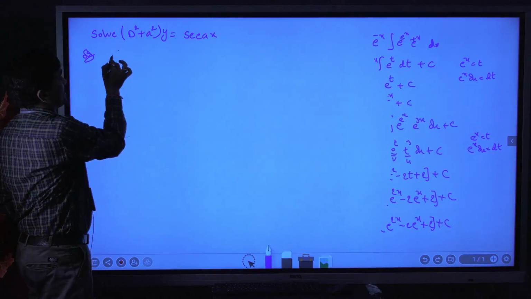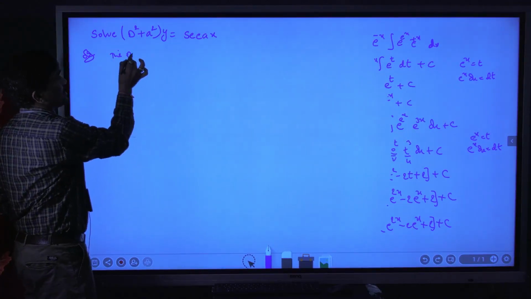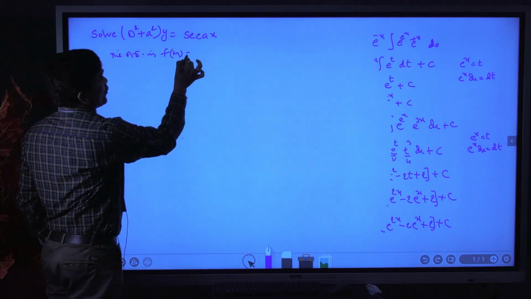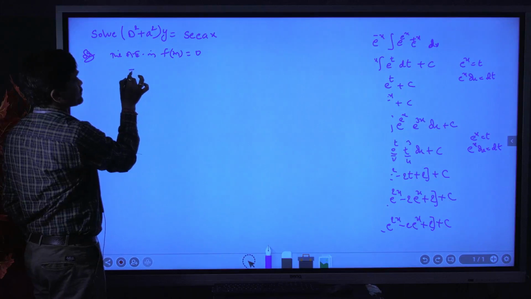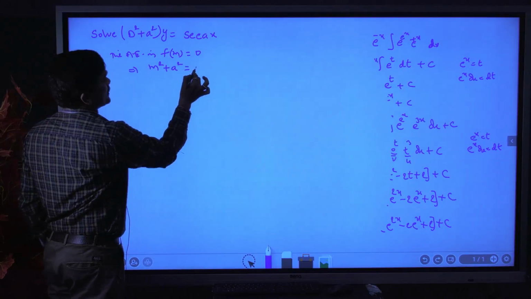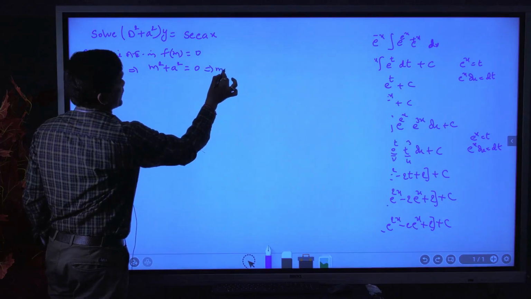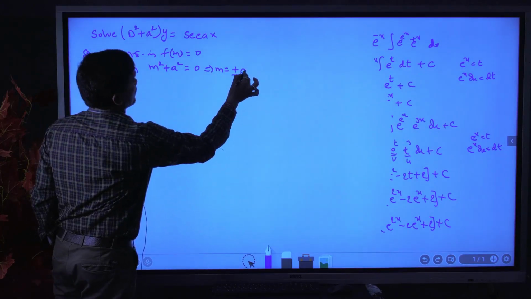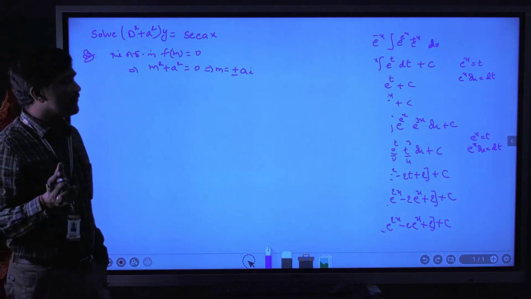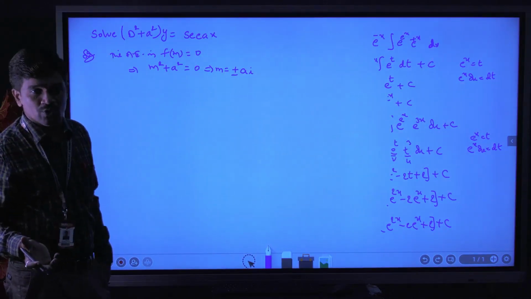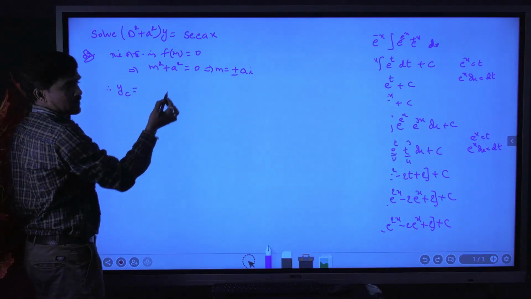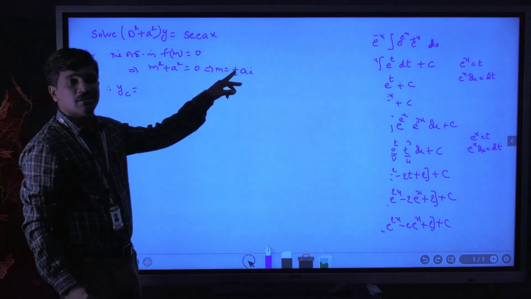First of all, the auxiliary equation is f(m) equal to 0. Now m square plus a square is equal to 0. That implies m is equal to plus or minus ai. Here the roots are complex roots. So for complex roots, the solution yc is obtained by comparing with a plus or minus ib.